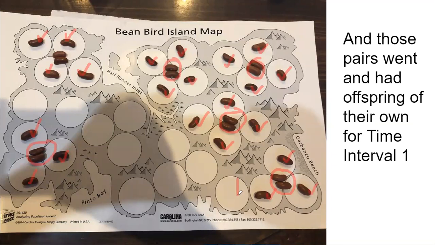I didn't put any in this one because I felt like it was kind of far away. So this is on your data table. If you take a look at your data table, this would be time interval 1 because I already had them breed. And now the next generation is having birds. So this would be time interval 1. Okay. I'll show you what that looks like, the table, in just a second.